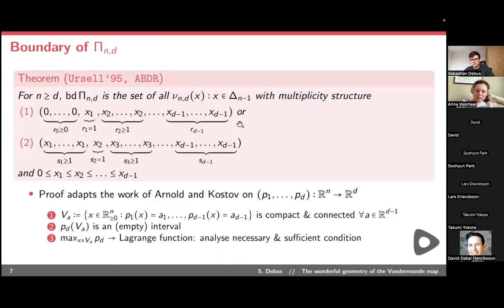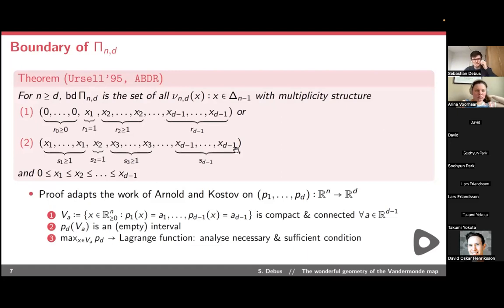And the sufficiency condition is then a condition on the so-called bordered Hessian, that it's positive semi-definite. And this gives us this multiplicity pattern. So these are very analytical arguments, and they work for the power sums because the derivative of the power sum is simpler than the derivative of the elementary symmetric polynomials, but then you can translate by polynomial diffeomorphism to the elementary symmetrics.